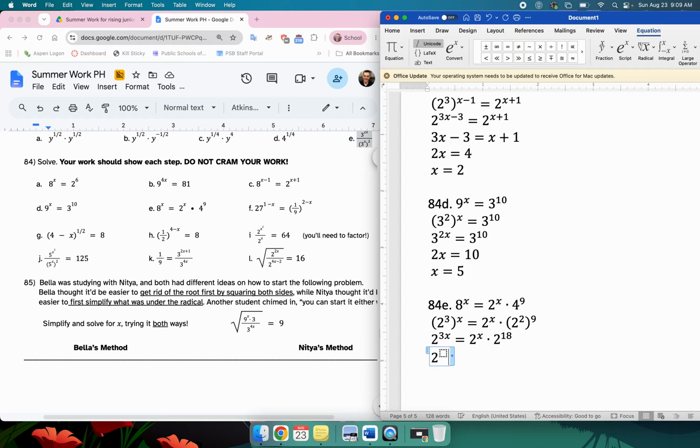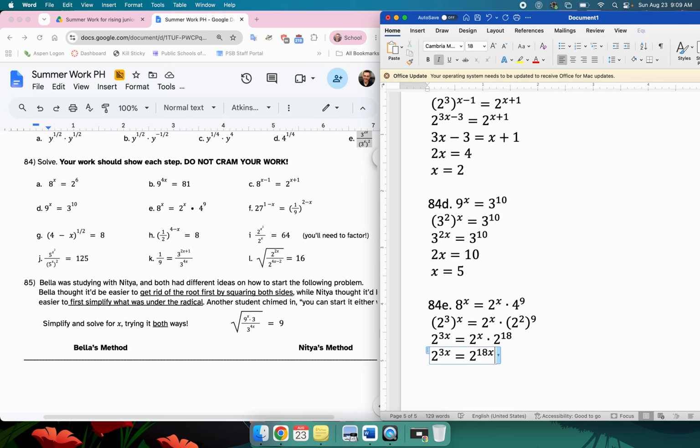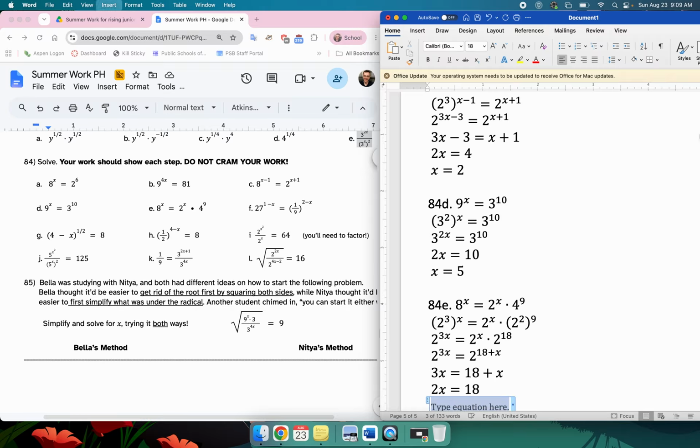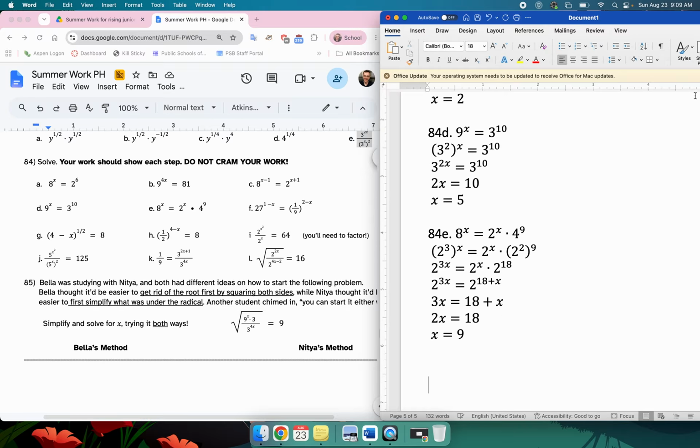And then 2 to the 3x is equal to 2 to the power of, sorry, not 18x, 18 plus x, right? So therefore 3x is equal to 18 plus x, and 2x is equal to 18, so x is equal to 9.